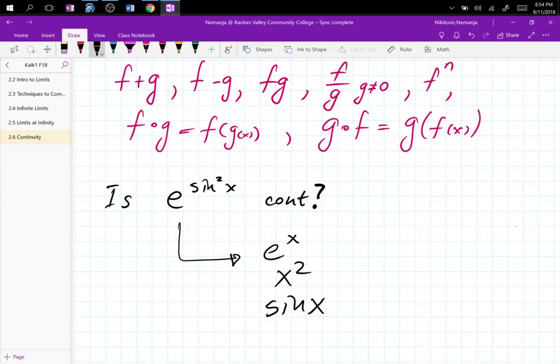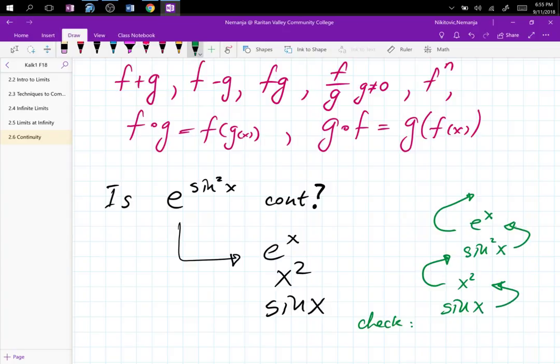So how do we put this together? Sine x gets placed into x squared to create sine squared x, which is placed into e to the x to create e to the sine squared x.